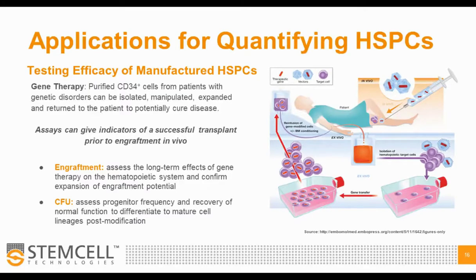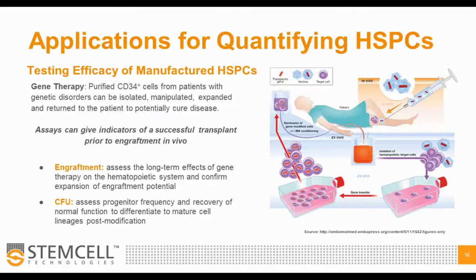When it comes to applications for quantifying hematopoietic stem and progenitor cells, this is actually something that people looking at novel therapies, especially using gene therapy, have used to really test the efficacy of their manufactured product.